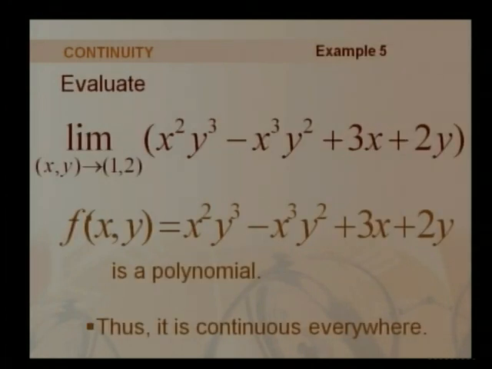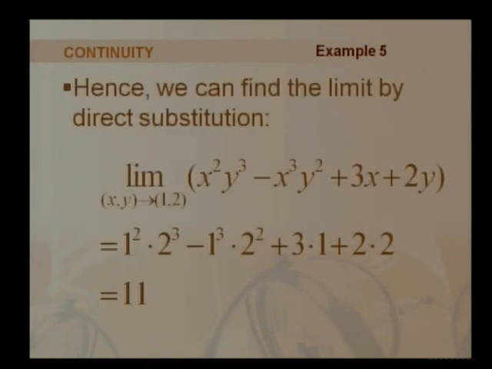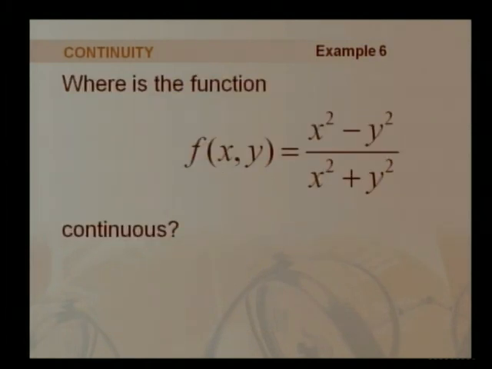Here, evaluating a simple polynomial, the limit of x squared y cubed minus x cubed y squared plus 3x, we just substitute the value (1, 2) and we get the value. Now for the function f(x, y) equal to (x squared minus y squared) upon (x squared plus y squared), let us check whether it is continuous or not.